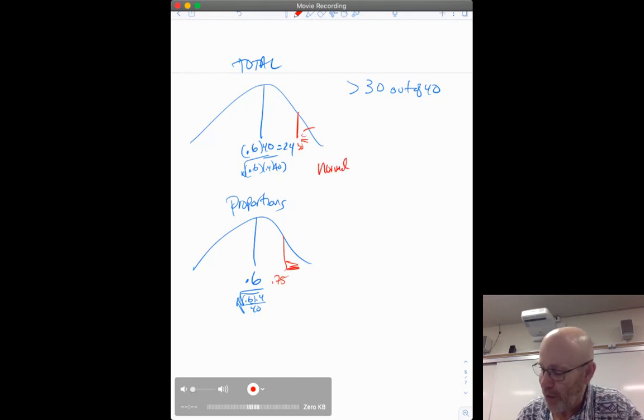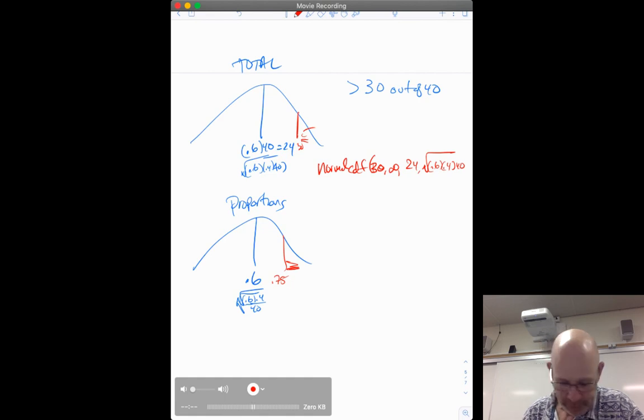Normal CDF from 30 to infinity with a mean of 24 and a standard deviation of square root of 0.6 times 0.4 times 40, and I get 2.6%.